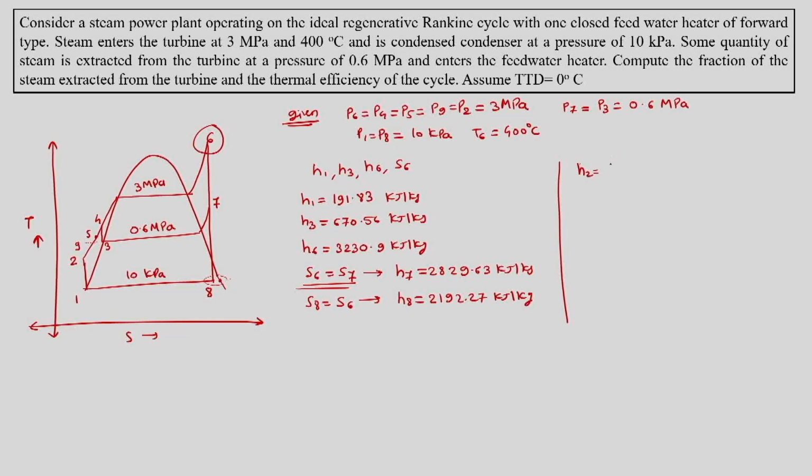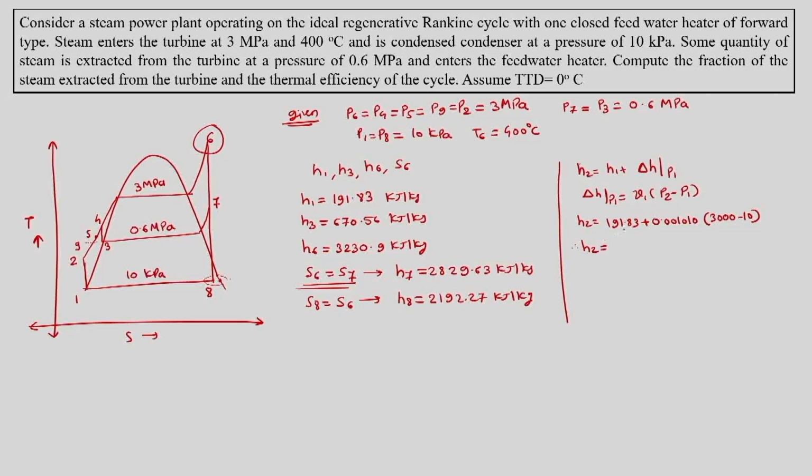Once this is done, we can go and find H2. For that we can say H2 is equal to H1 plus delta HP1, where delta HP1 is equal to nu 1 into (P2 minus P1). So, we will have H2 equal to 191.83 plus 0.001010 into (3000 minus 10).